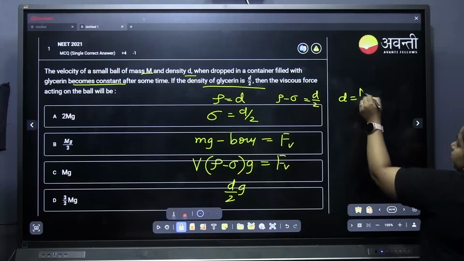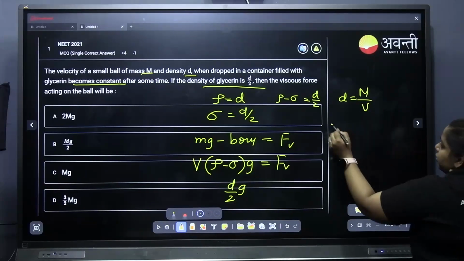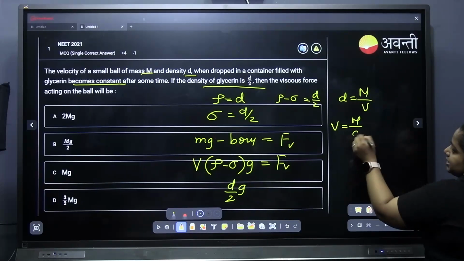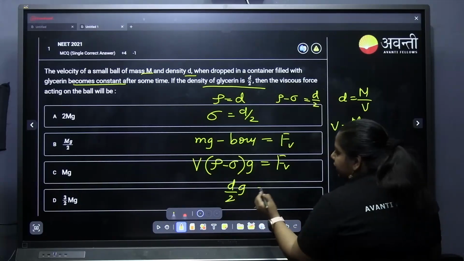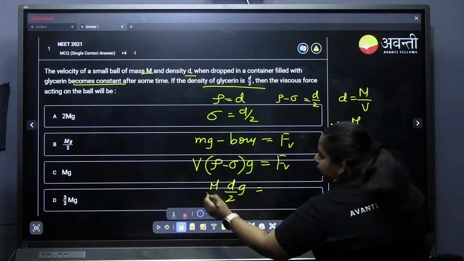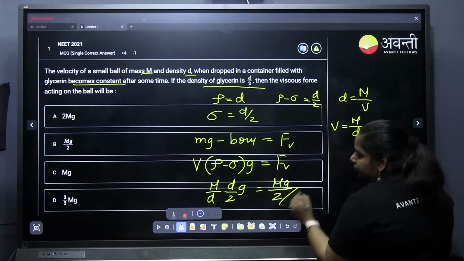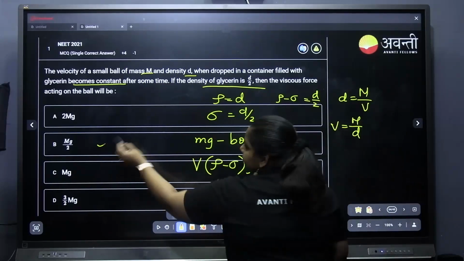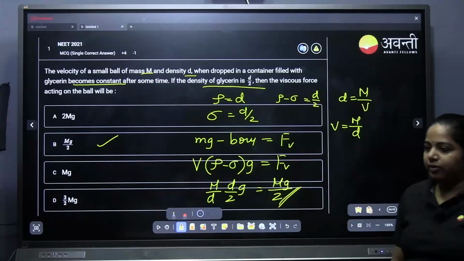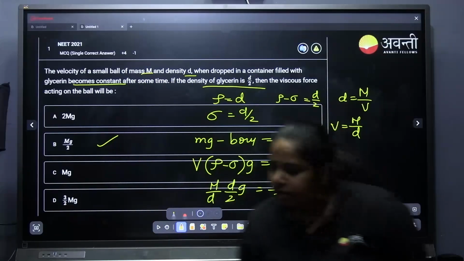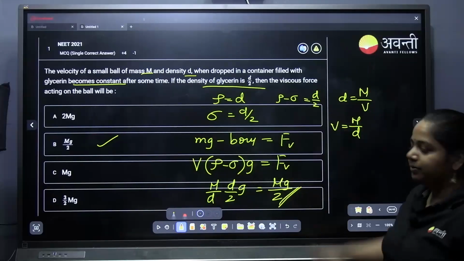Density equal to mass by volume, so volume equal to mass by density. Substitute that, V equal to m by d, you will get mg by 2. This is the answer. Okay, is there any doubt in this one?